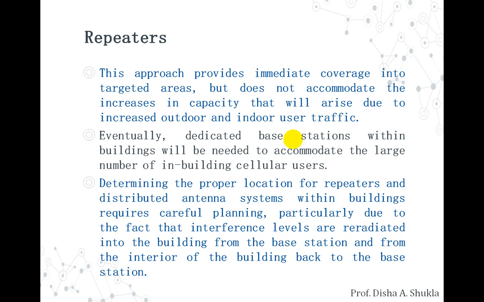Now, this approach, that is using the repeaters, will provide immediate coverage into the targeted areas, but it does not accommodate the increase in capacity that will arise due to the increased outdoor and indoor user traffic.